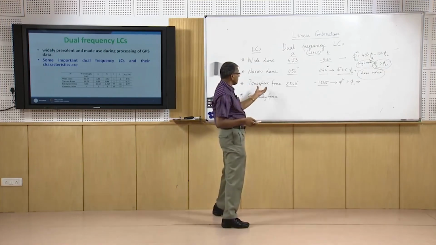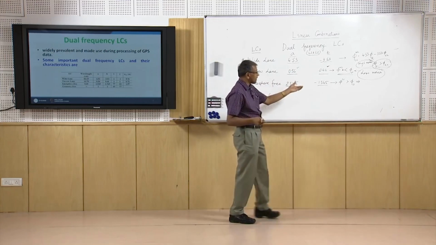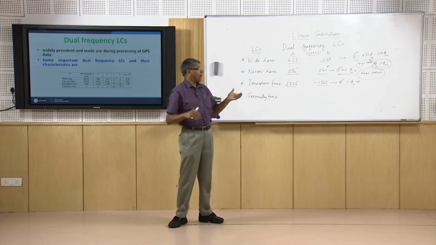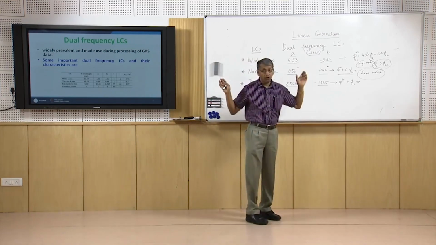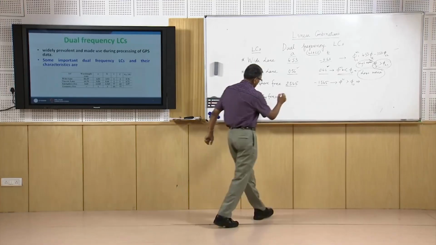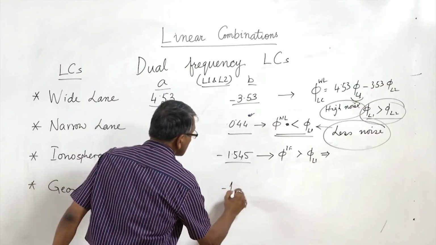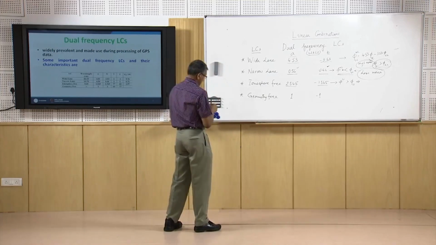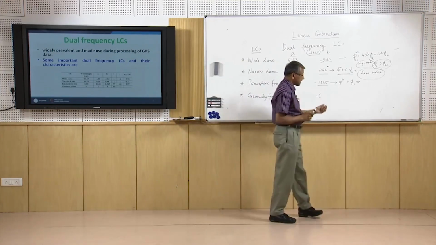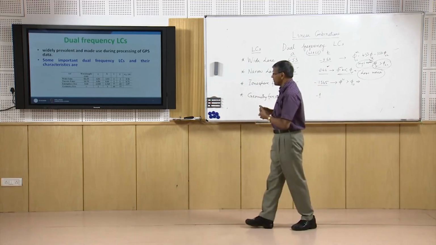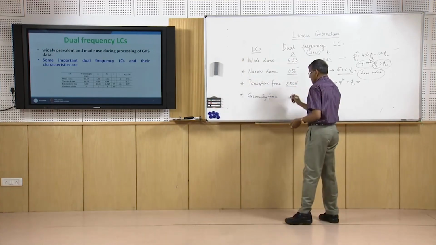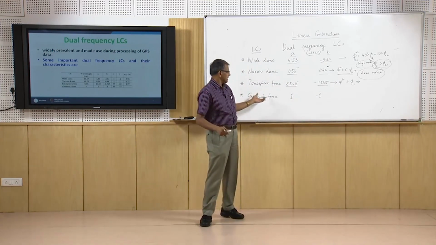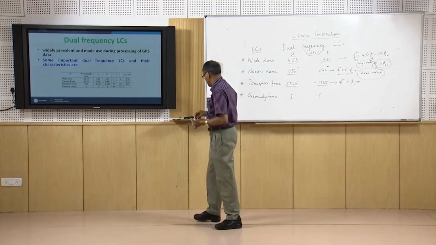We will be able to compute the ionospheric error easily and we can make it free, and this type of signal we design for baselines which are very long. Then geometry free, where we get the signals having constants multiplied by 1 and minus 1. Here also we will get a frequency less than the frequency of L1, and this will provide us a geometry free signal, but it will have so many other errors.